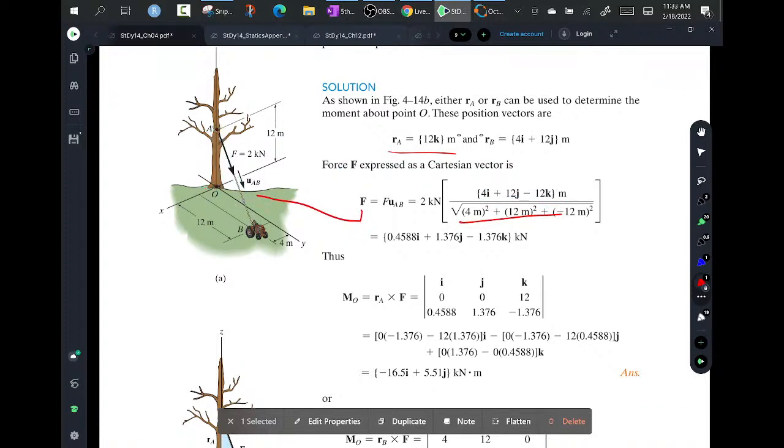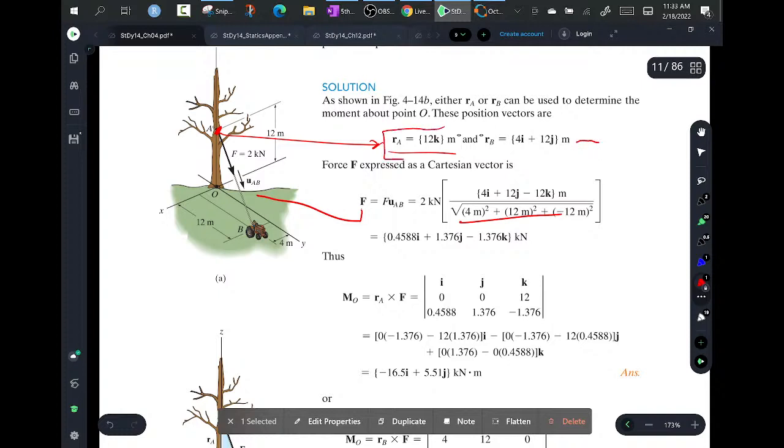Now what can he do? The force is applied at A, takes that vector. Wait a minute, here's your RA. It's 12K, so what you notice, you get nothing, nothing, and it's 12, meaning the vector is like from the base of the tree to the top.